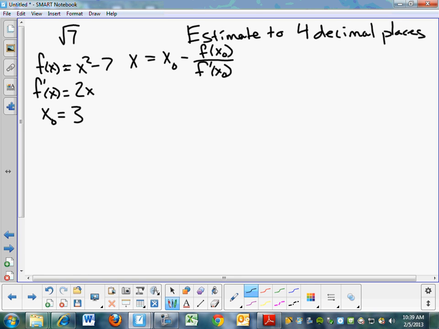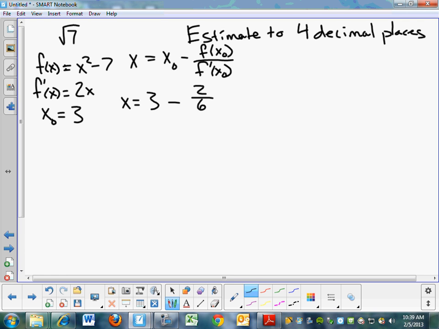I have to evaluate that. What's x sub 0? What's f of x sub 0? 2. I just plugged the 3 into my original function. What is f prime of x sub 0? 6.